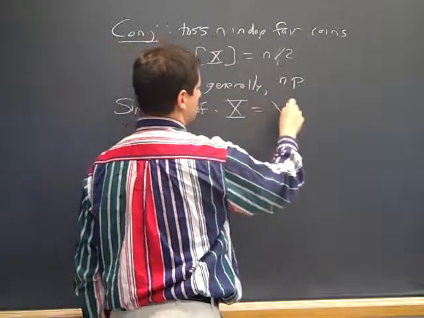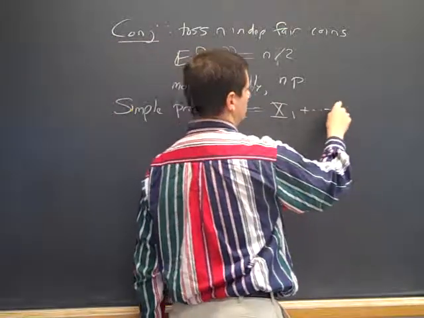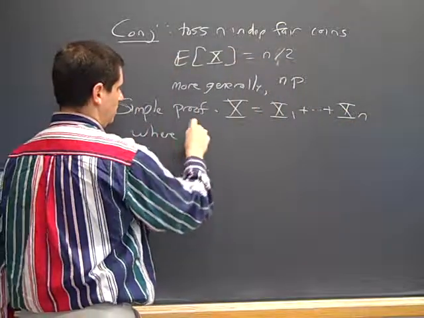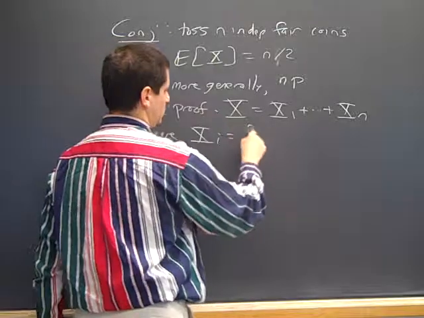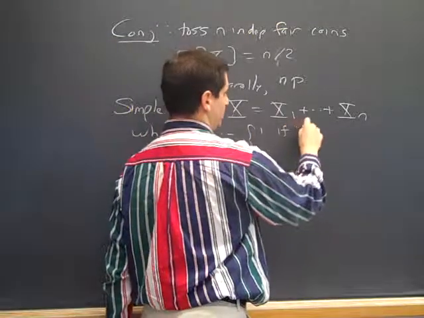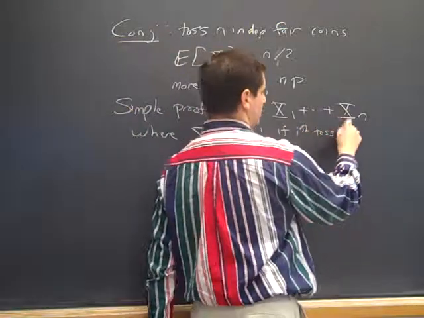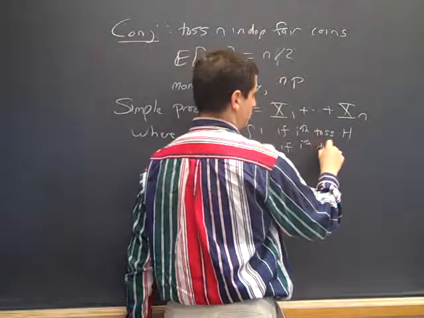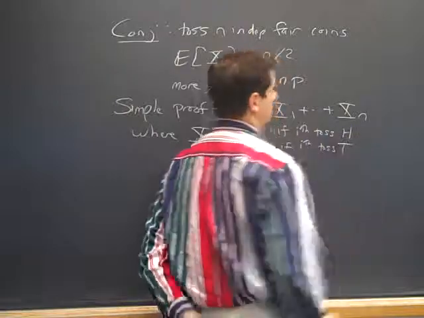Let's let X be X1 plus ... plus Xn, where Xi equals 1 if the ith toss is a head, and 0 if the ith toss is a tail.